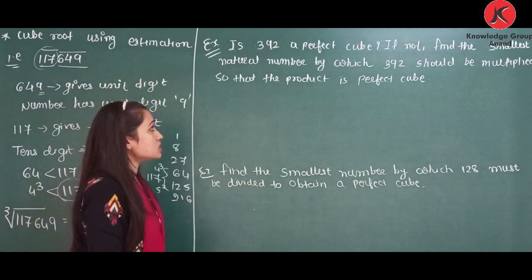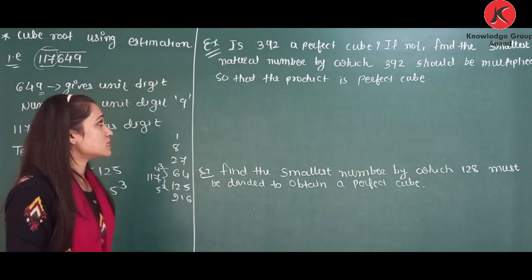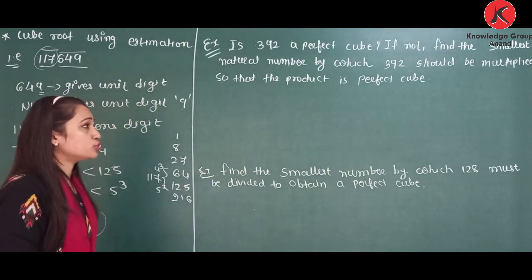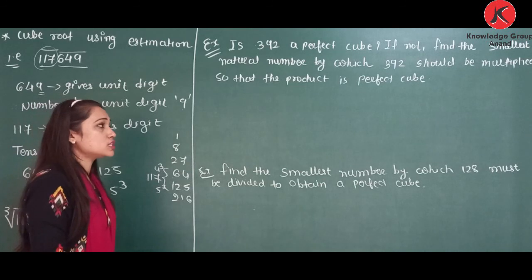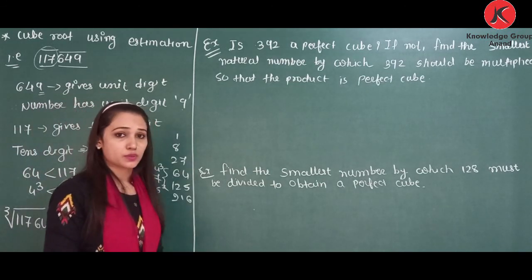Next one: is 392 a perfect cube? If not, find the smallest natural number by which 392 should be multiplied so that the product is a perfect cube. This kind of question can be asked for 2 or 3 marks.